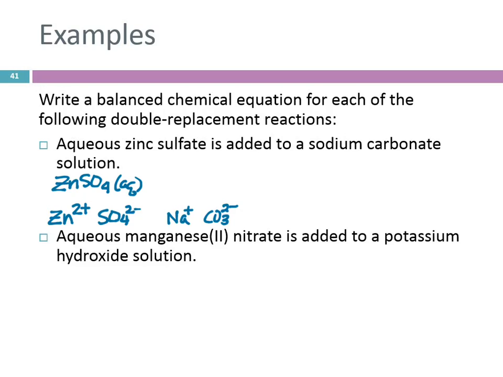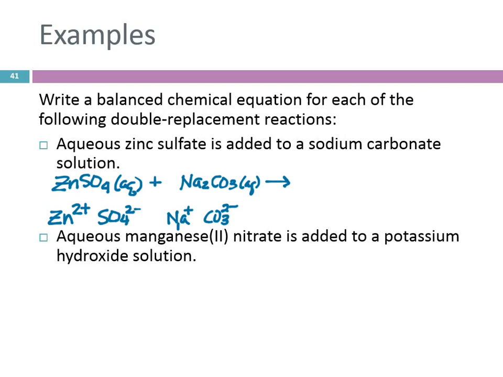We have to look at the charges because that's what tells us how to put these things together. If we don't look at the charges, we're going to come up with wrong answers. So this is going to be Na2CO3, and that is also aqueous. Now we're going to see what happens. So these ions are going to switch partners.